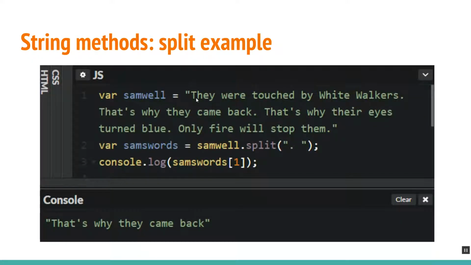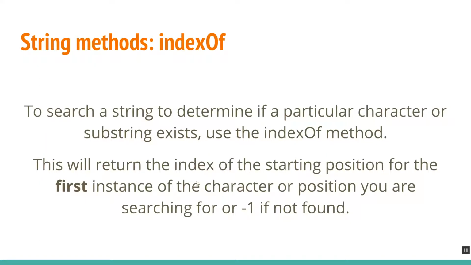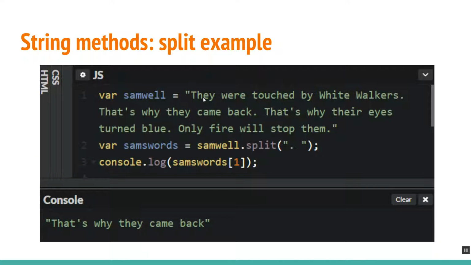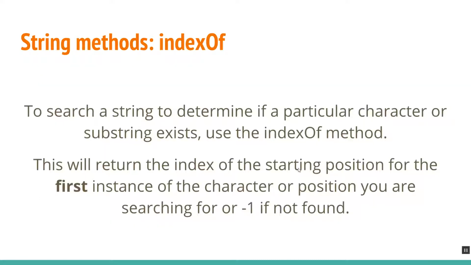It's going to find the word they at position 0 at the beginning, and indexOf would return a 0 because it was found. And if I did something like the color green, the word green, it's going to come back with a -1 because there's no green in this example.